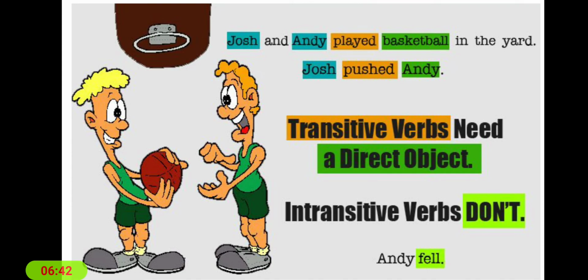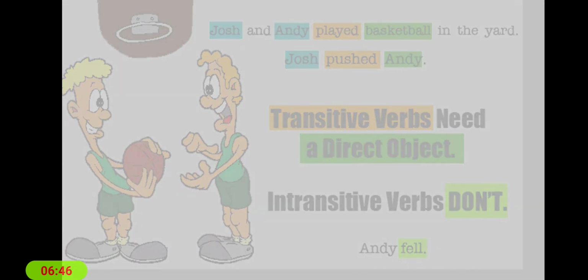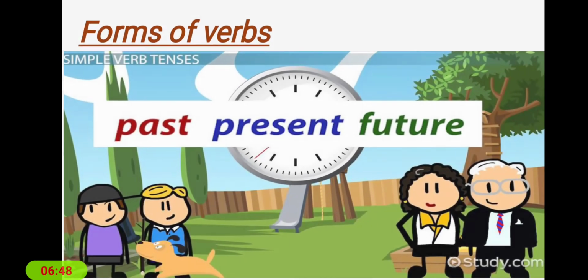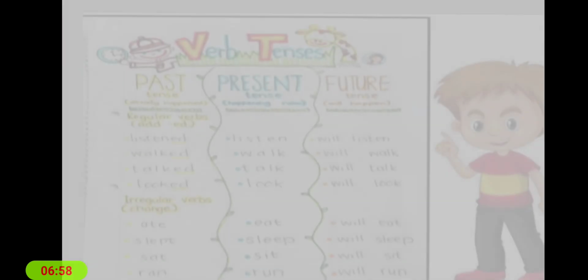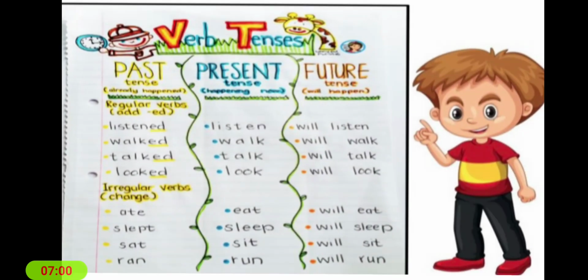Now students, you know verb changes its form on the basis of tenses. In past, present and future, verbs are used in different form. Let's see. See some verbs here which change when used in past and change when used in future.